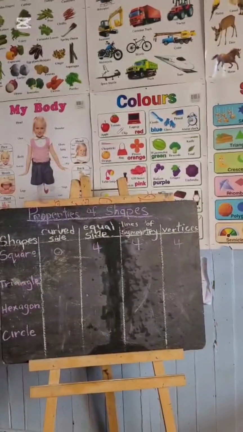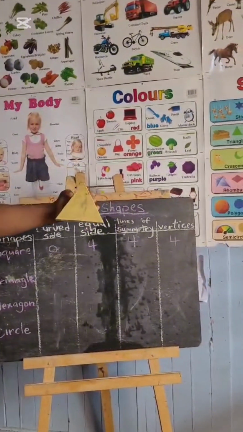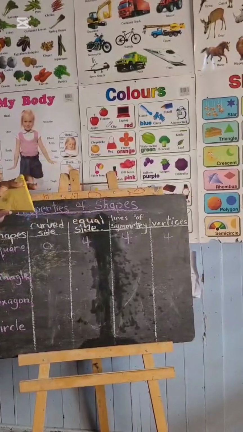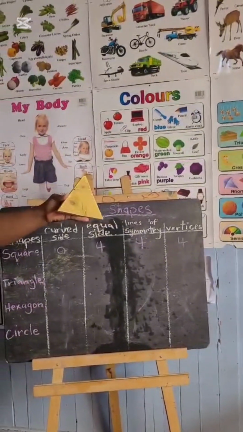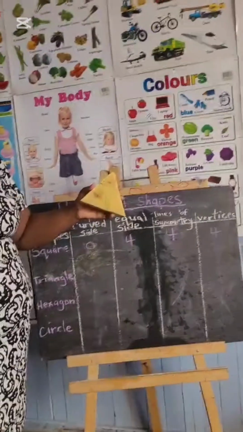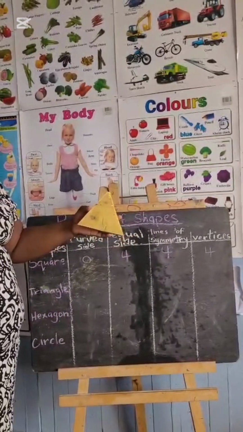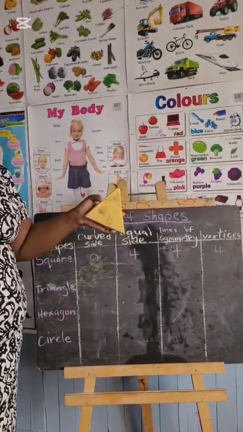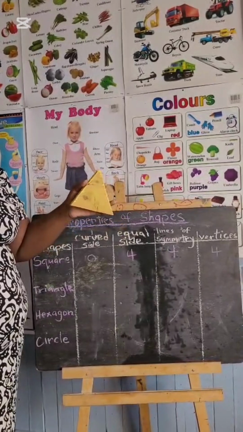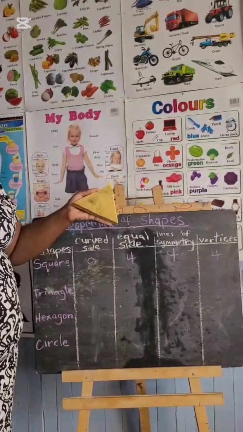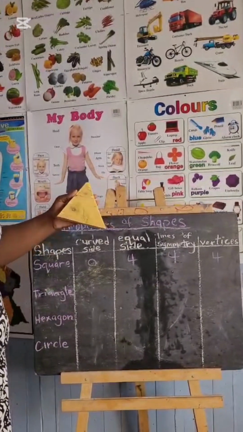Good. Now we look at the triangle. Now with the triangle, we know that there are 3 types of triangle, which would be the isosceles, the scalene, and the equilateral triangle. So what kind of triangle will we be looking at here? That's correct. It would be the equilateral triangle.